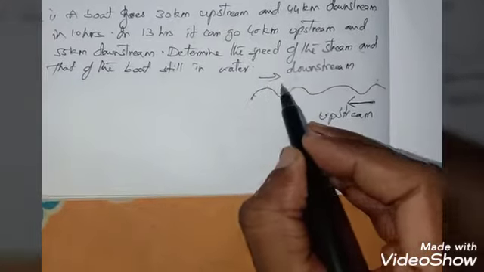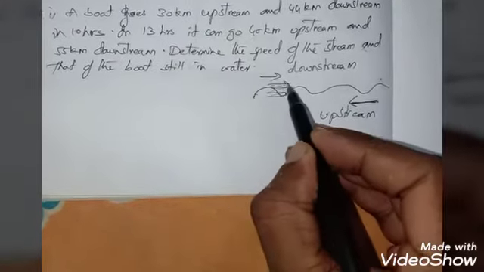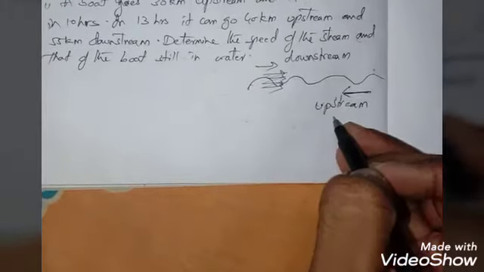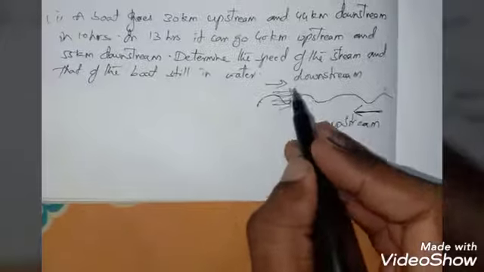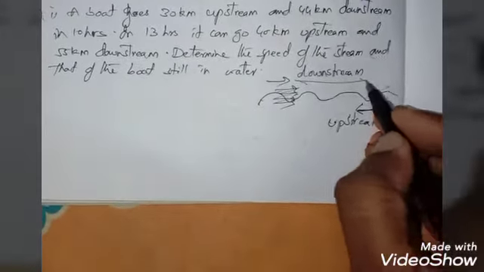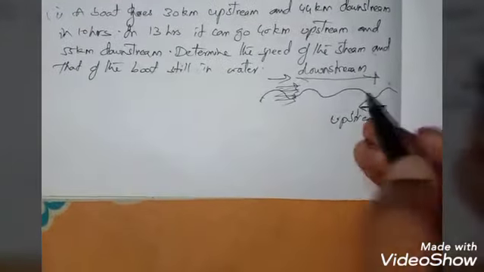If you go opposite to the wavelength, you will get upstream. If you go the same way as the wavelength, you will get downstream, right? Downstream means the speed will increase, meaning you are taking a plus. Here the speed will decrease, so we are taking minus.